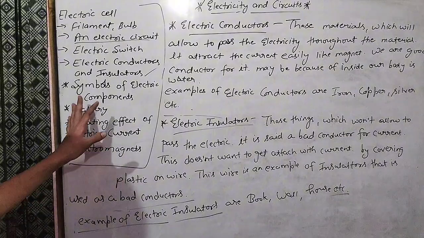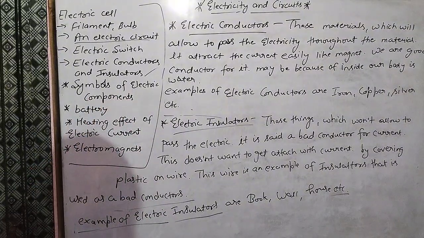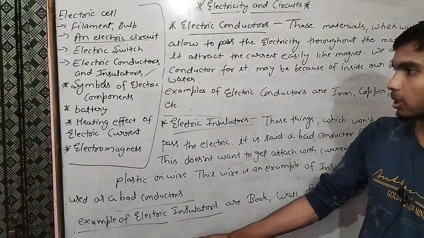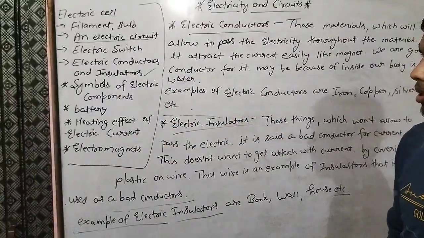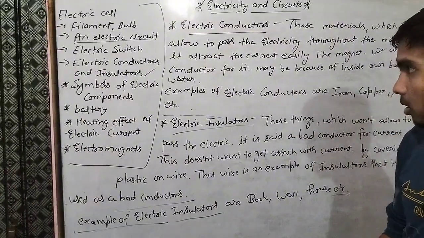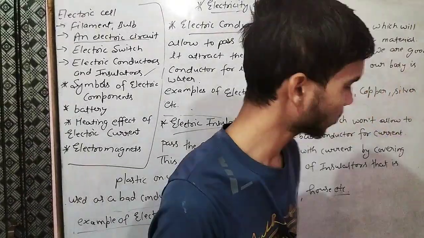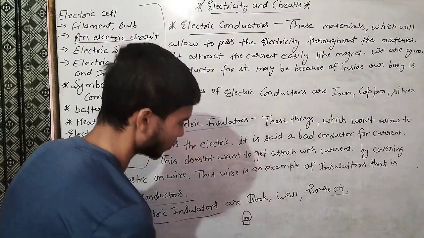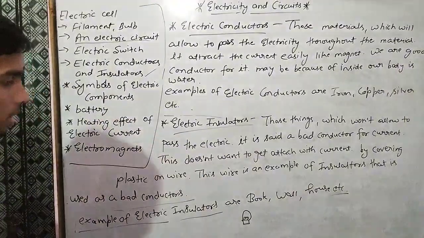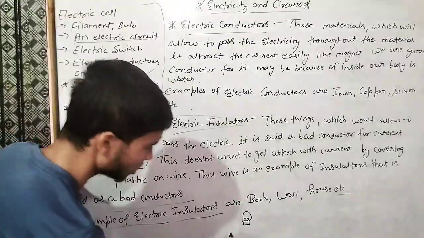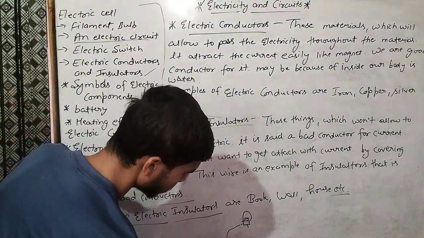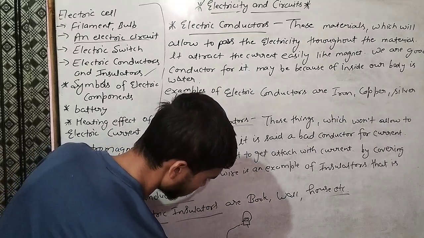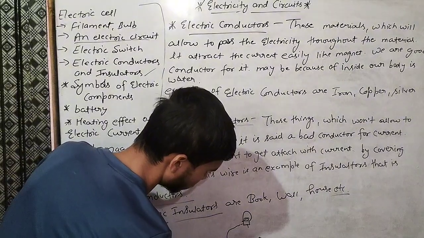Now symbols of electric components. Let's understand symbols of electric components. Now, whatever we would be discussing now, it is easy to understand. This is a bulb. First of all, let's make a diagram of an electrical circuit, like this.